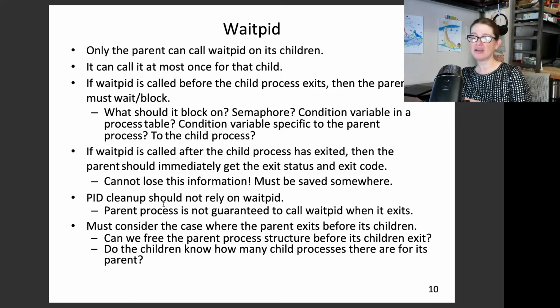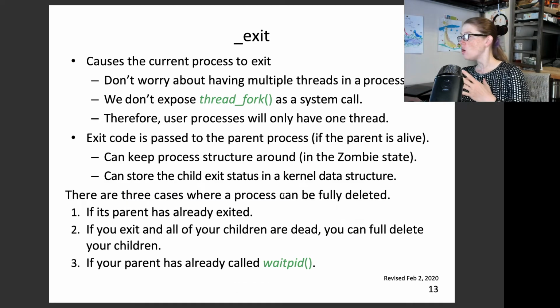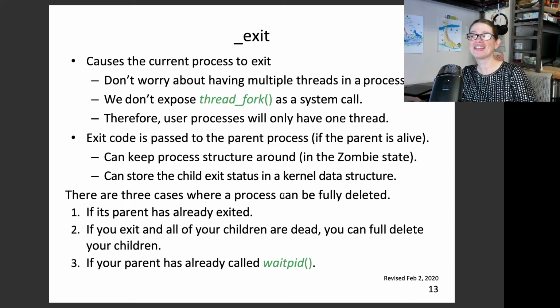What's going to happen is when a process calls exit, and I'm going to jump ahead here to exit. When we call exit, what needs to happen is you need to check, do I have a living parent? If I have a living parent, then they might care if I die. So therefore, when I call exit, I'm going to leave behind an exit code and an exit status. And the exit status might be something like, hey, I called exit. So I'm terminating because I called exit.